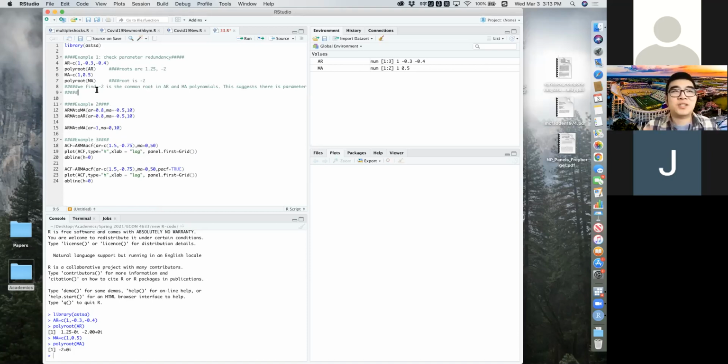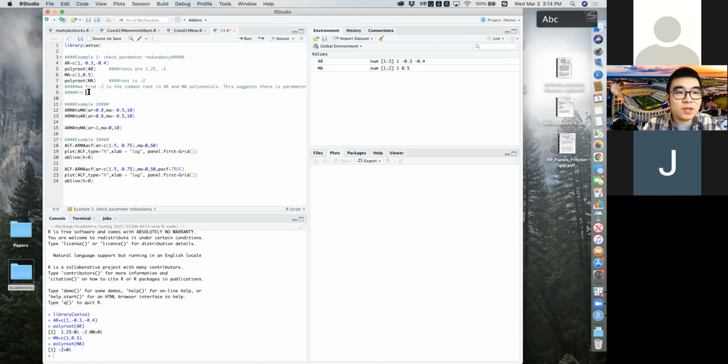Notice that this number is a fake number, just an example number, so you get exactly two same roots, -2 and -2. But in practice, especially when you are running real data, in most cases you cannot find exactly two same roots. So if you find two roots that are very close to each other, you will think that there might exist a parameter redundancy problem.